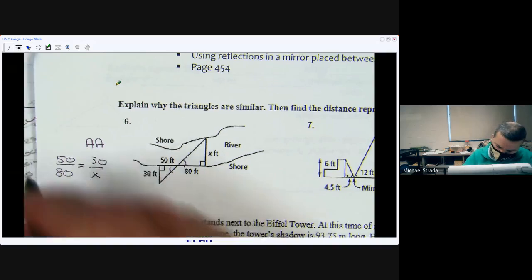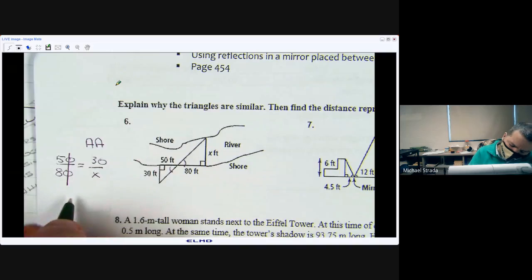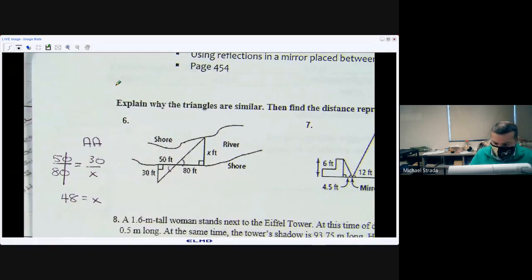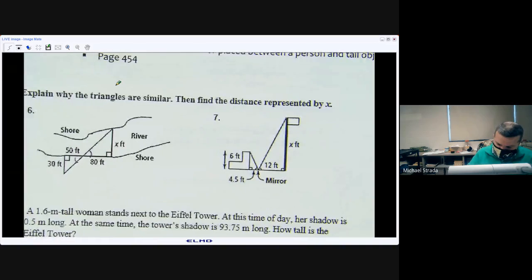Myself, I would cross out those zeros because they cancel out. 8 times 30 is 240. 240 divided by 5 makes x 48. So keeping that line of thinking, work on number 7.